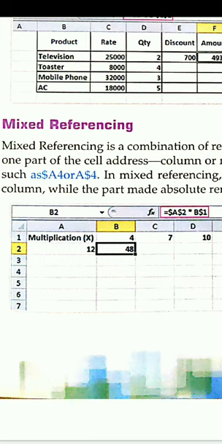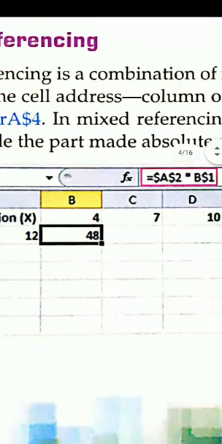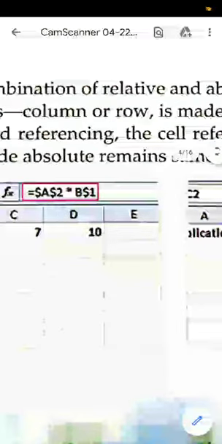So what is happening here? It will be clear from the example. 12 into 4, 48. Now see here, 12 into 7. Are you getting it? $A2 into C$1. So it is changing. See here, C$1. What is changing here?